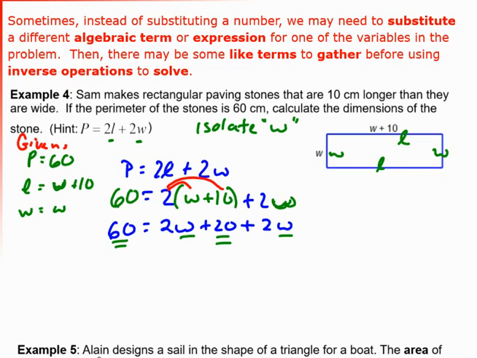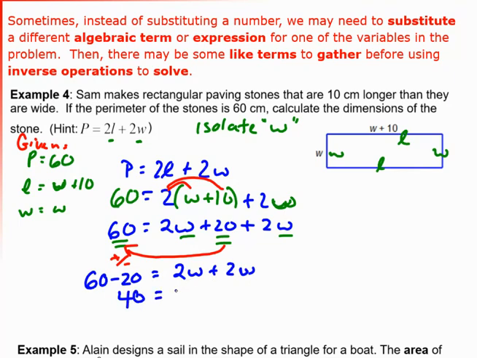Okay. So we're going to bring the 20 over, change its sign, obviously. And so we have 60 minus 20 equals, now it's gone, so we have 2W plus 2W. So 60 minus 20 is 40, and 2 plus 2 is 4 W's. So we're going to divide both sides by 4, and we get W equals 10.